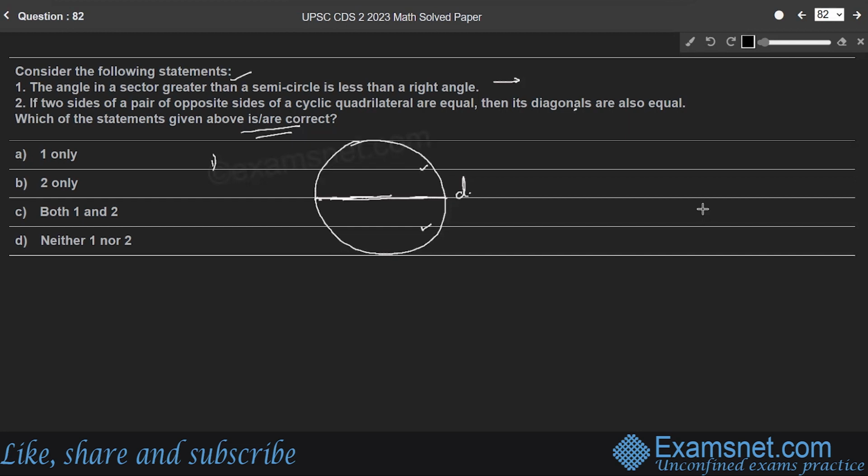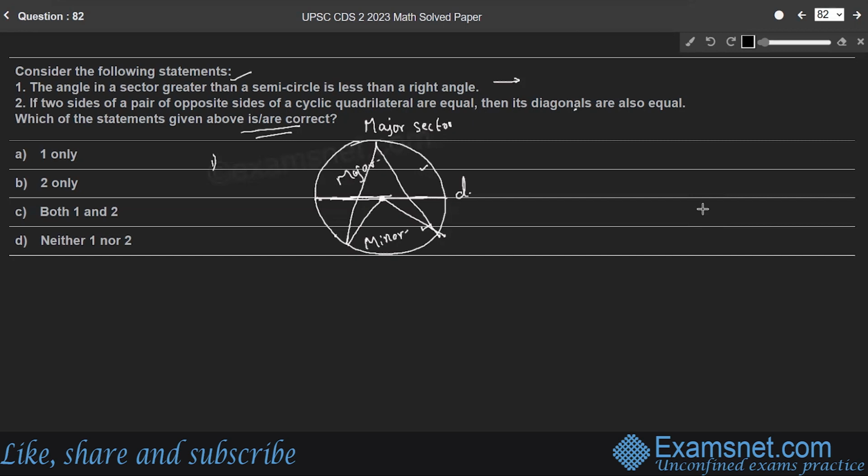So angle in a sector greater than a semicircle means angle in the major sector. Major sector. This is the major sector. So when you take the origin O, center O, this is the minor sector. This is minor, this is the major sector.